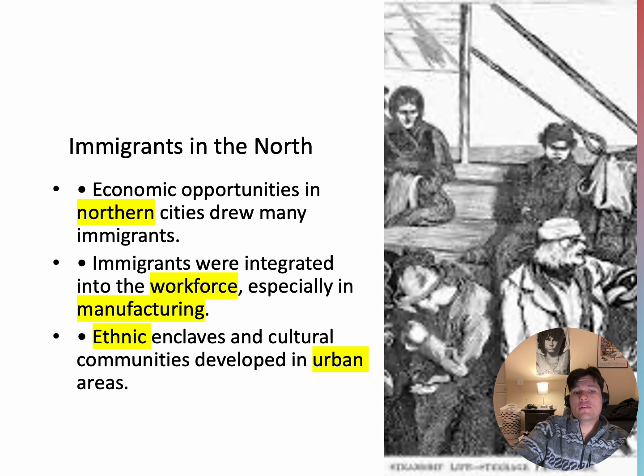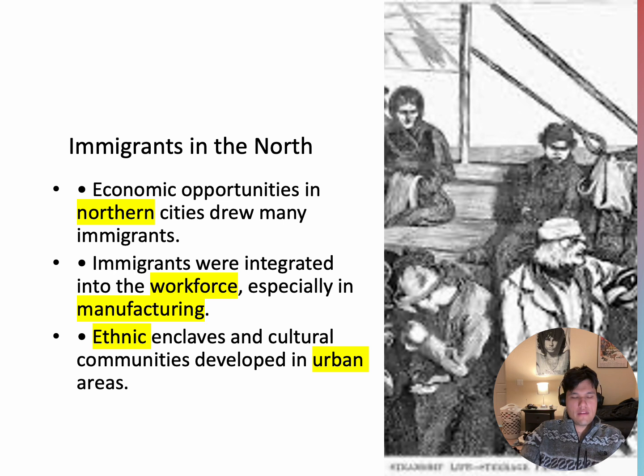Now let's talk about the immigrants in the North. Many immigrants, especially the Irish and Germans, settled in northern cities where the economic opportunities were plentiful. They were quickly integrated into the workforce, particularly in manufacturing jobs. As the immigrant communities grew, urban areas saw the formation of ethnic enclaves where people could find support and preserve their cultural identities.